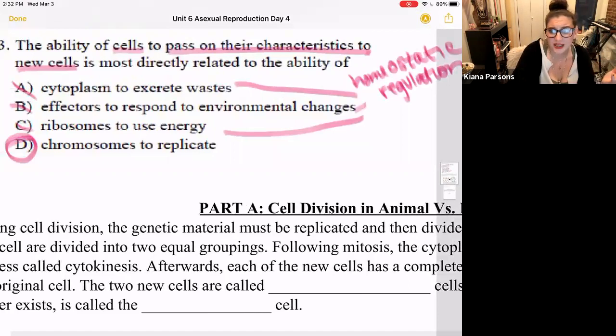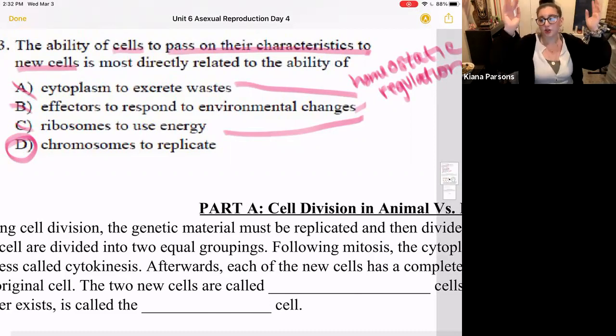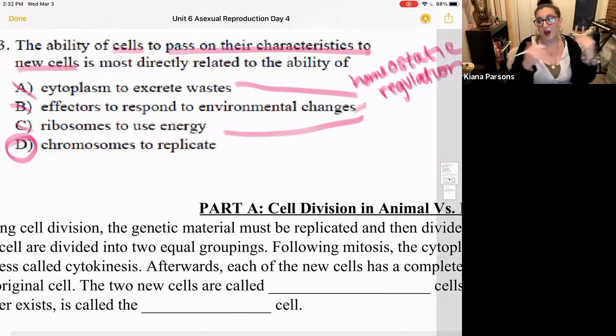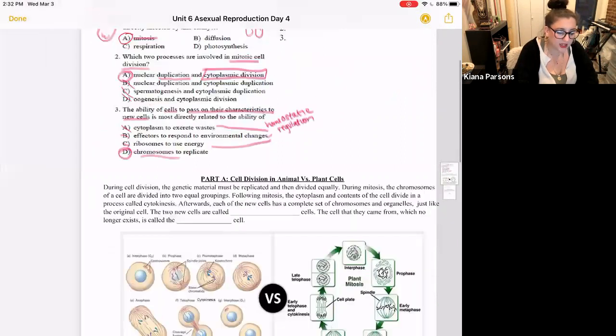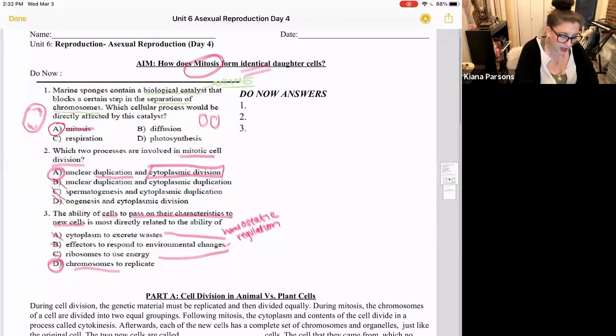Excreting waste, obviously, is how your body maintains a stable internal environment by getting rid of waste, and effectors responding to environmental changes is a big part of maintaining a stable internal environment, your ability to respond to an external environment and still maintain stability within. But chromosomes pass on genetic information, so that is our answer there. So that's D.